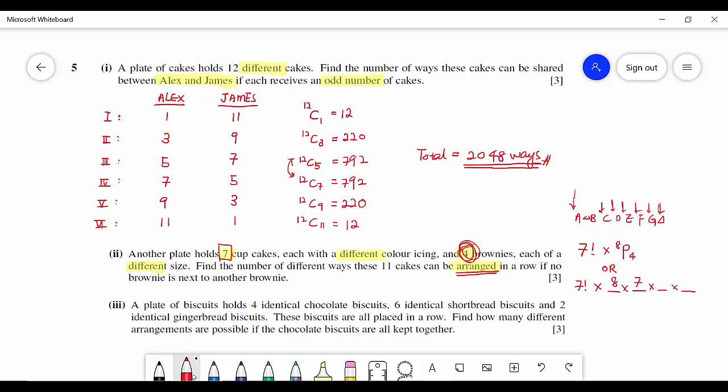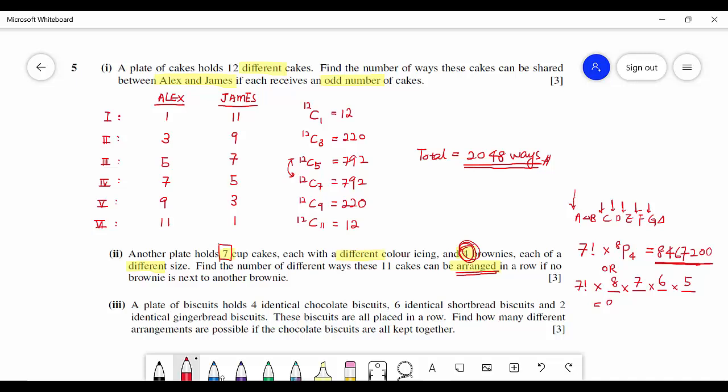Let's say you put the second brownie here, which means this space is no longer available. So you still have 6 spaces that you can slot the brownie in. So 6 and 5. No matter which method you are using here, the answer that you get is the same, which is 8,467,200.